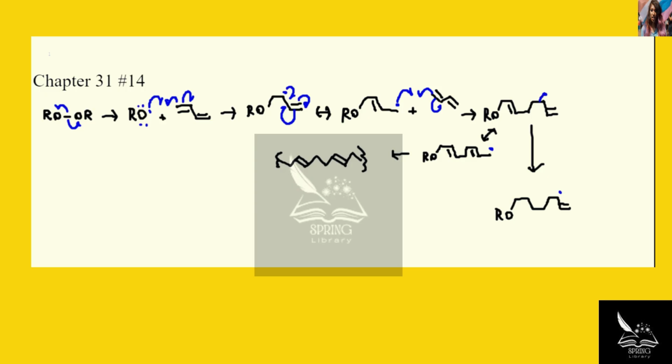So if it rearranges, like we said before, the rearrangement could be conceived of like this. And if it doesn't rearrange, what we can have happen is when our next monomer comes in to react, it will react with the radical where the radical is, since it hasn't rearranged.